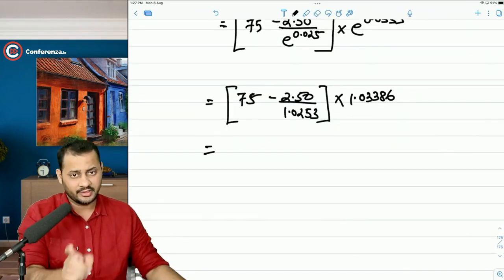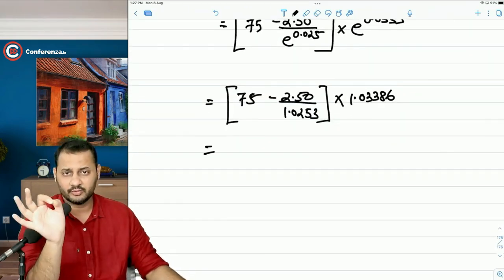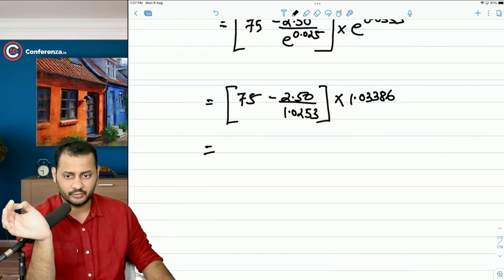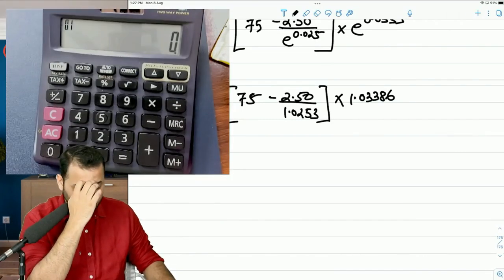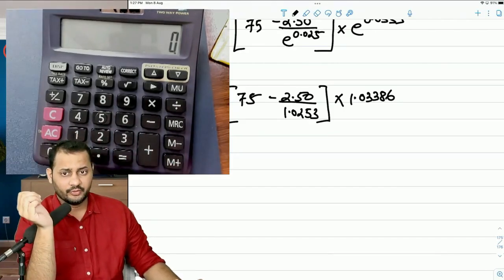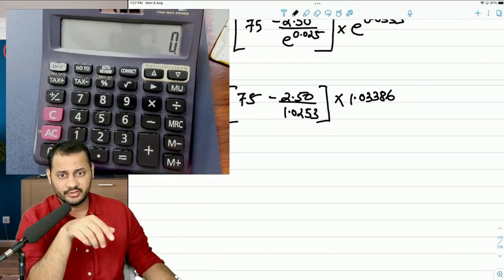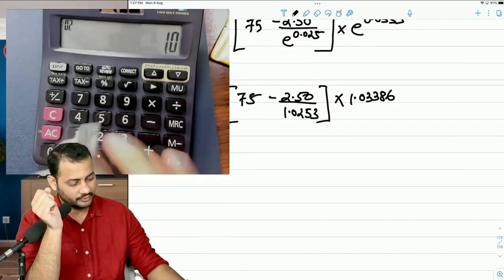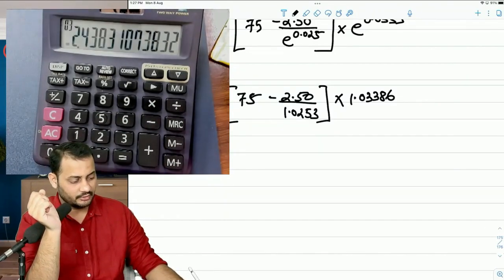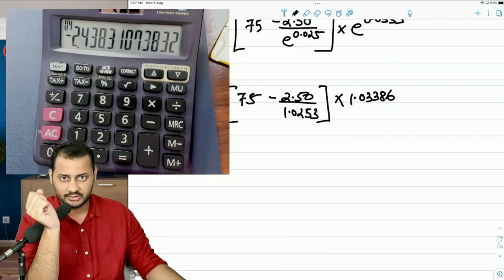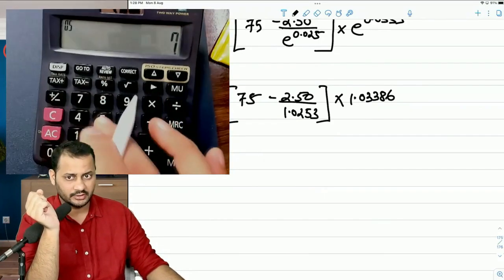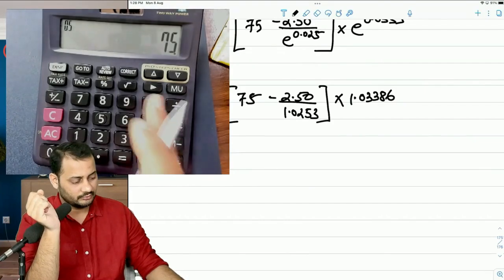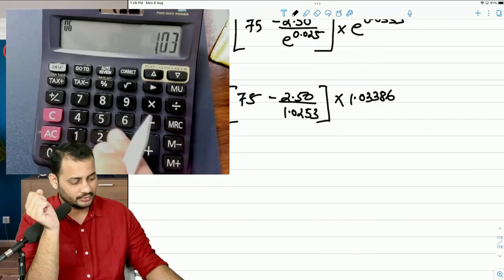So I can do this entire calculation in one stroke in the calculator. I just want to show you how to do that so that you can save your time in exams. What I'm going to do first is take 2.50 divided by 1.0253. Press equal to and press plus minus, then add 75 to that, multiplied by 1.03386.